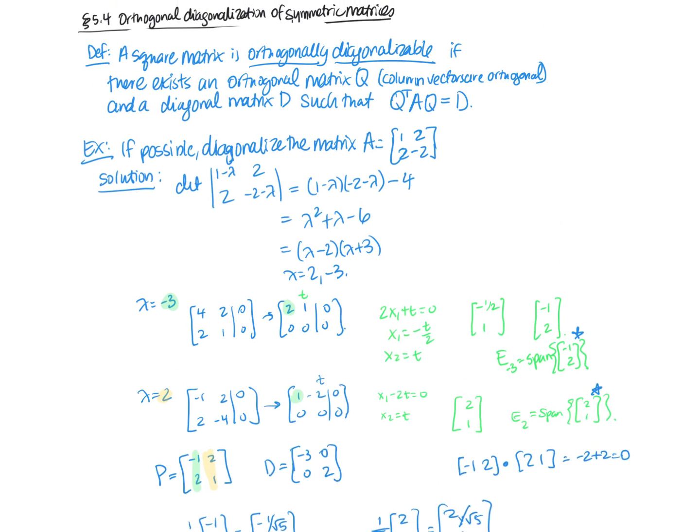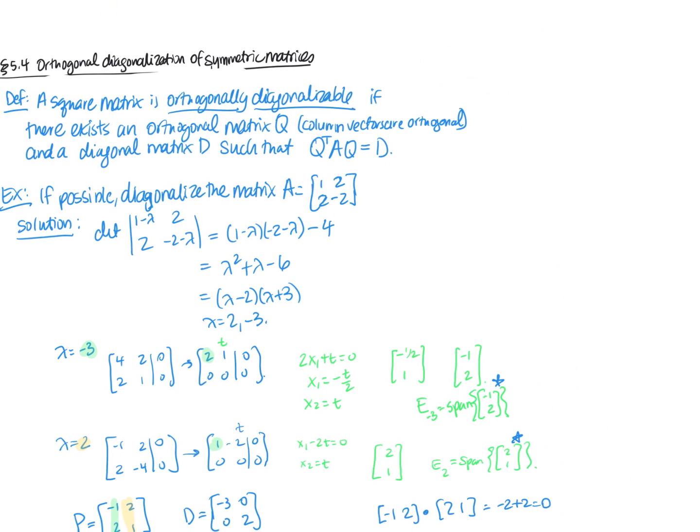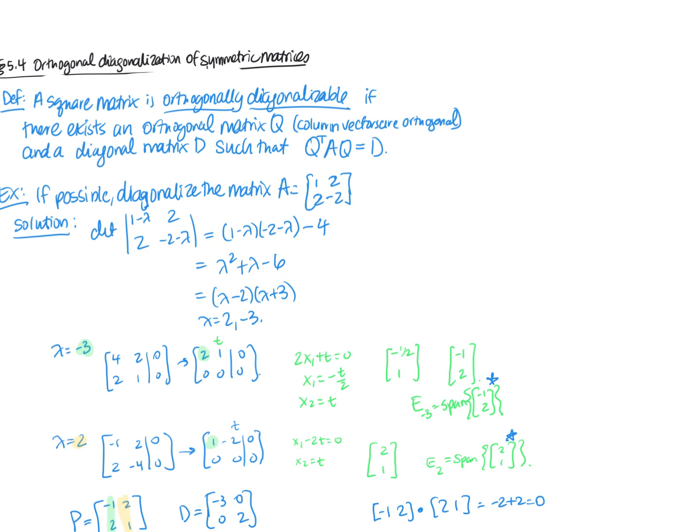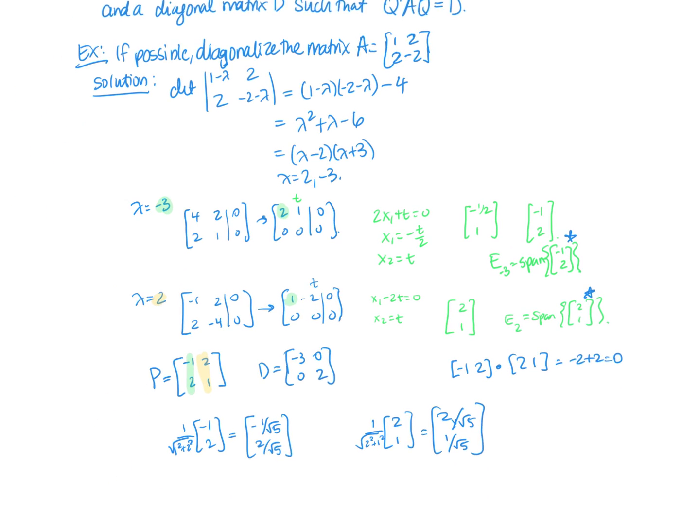I said the column vectors of this orthogonal matrix are orthogonal, and I should have said not just orthogonal, but orthonormal. Let me emphasize that: not just orthogonal, but orthonormal, meaning they not only meet at right angles, but they're also unit vectors.